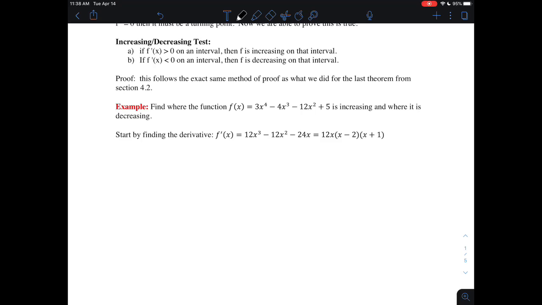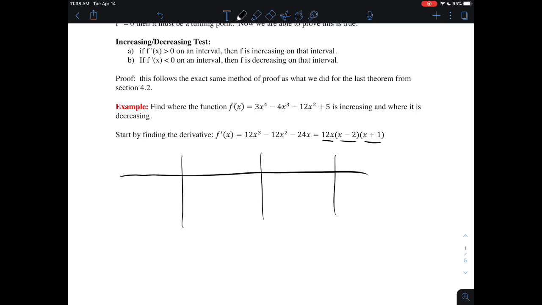So what we want to figure out is where the derivative is positive and where the derivative is negative. To do this, it becomes a little bit helpful to organize using a chart. The way that this chart works is we have three factors from the derivative: 12x, x minus 2, and x plus 1.